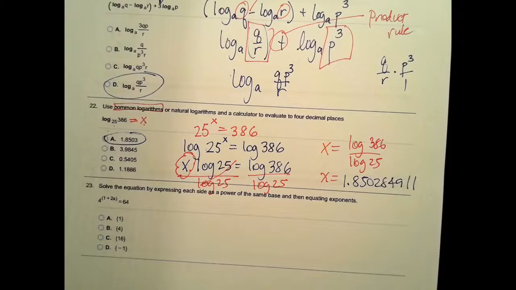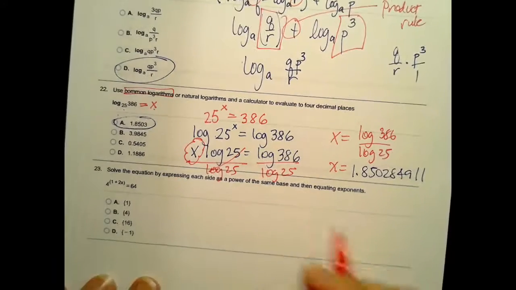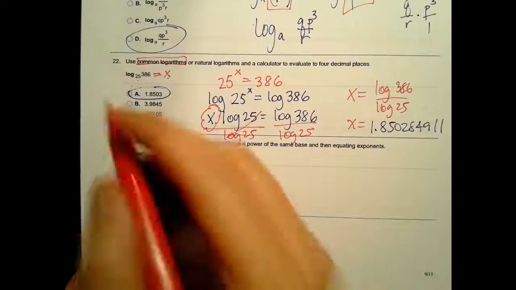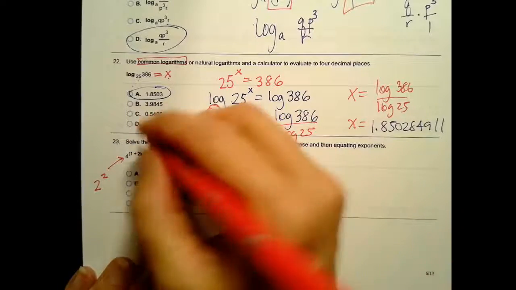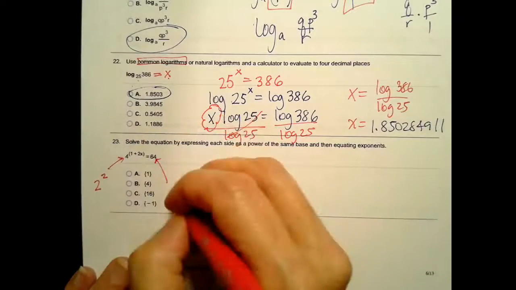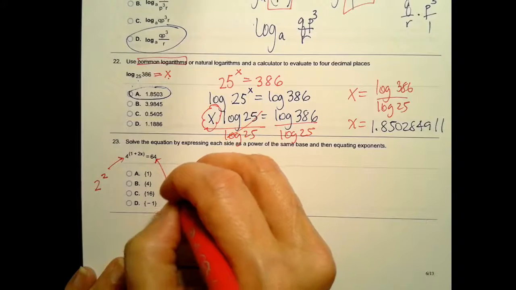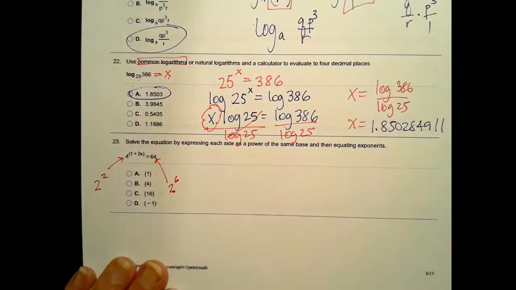Okay, next one, solve the equation by expressing each side as a power of the same base and then equating exponents. Oh, okay, so we did these in class. I know that 4 can be written as an exponent, it's 2 squared. And I know that 64 can be written as an exponent, it's 2 to the 6th.